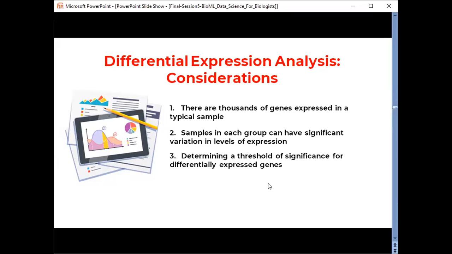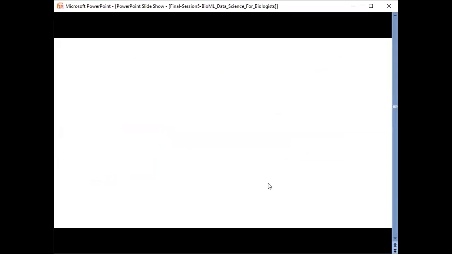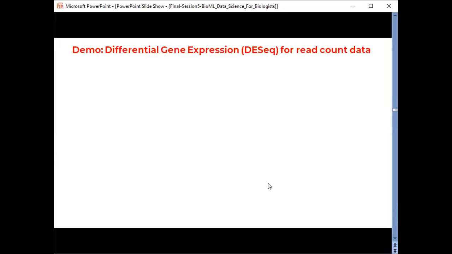One way to understand statistical differences is the t-test, which we learned in our last session. Today we will understand that the t-test can be applied only when there is a normal distribution in the data. But gene expression data, specifically read count values, are non-normalized.